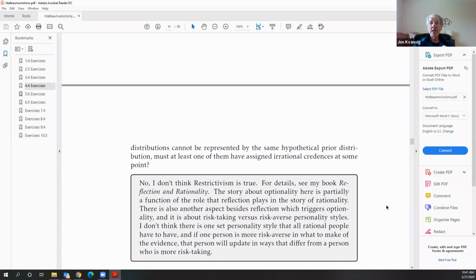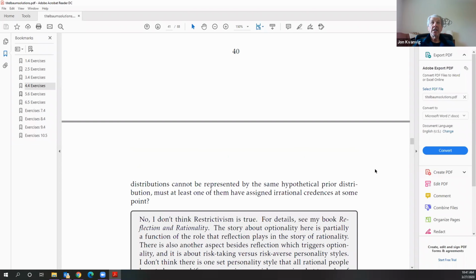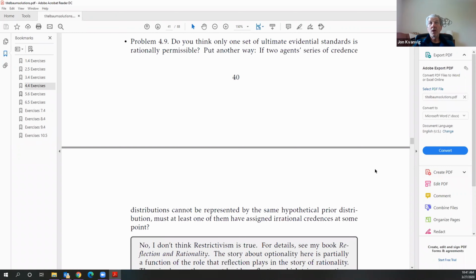I don't think there's one set personality style that all rational people have to have. And if one person is more risk-averse in what to make of the evidence, that person will update in ways that differ from a person who is more risk-taking. If there's optionality about appropriate levels of risk, there's going to be optionality about what opinions are required or made rational by a given body of information.